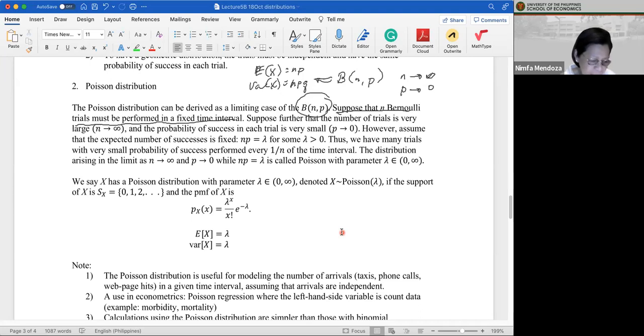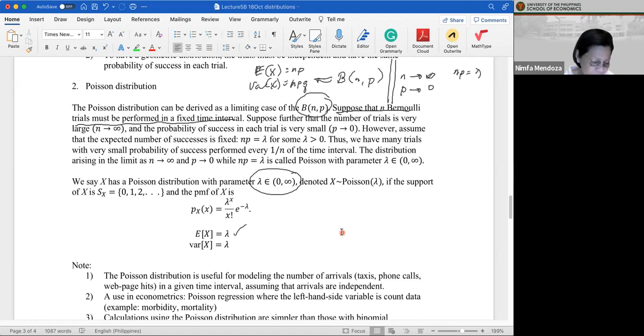So we assume that the expected number of successes is fixed. So we assume that np is equal to lambda. That's why we have here the expected value of X is lambda, for some lambda greater than 0. So here lambda is between 0 and infinity.